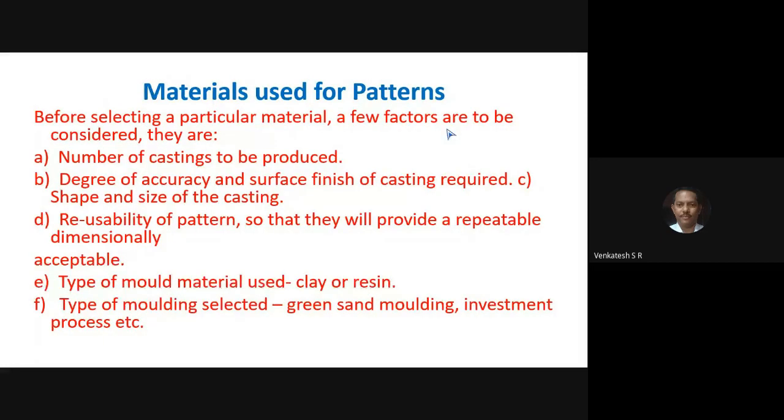Say, by painting the mold cavity. Different types of paints are available nowadays. From that, you can produce a very good surface finish on the casting, which we call as-cast.